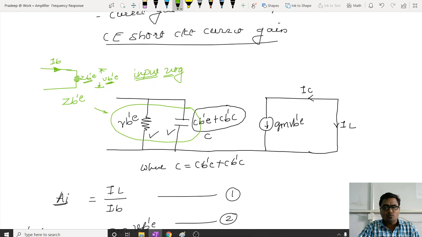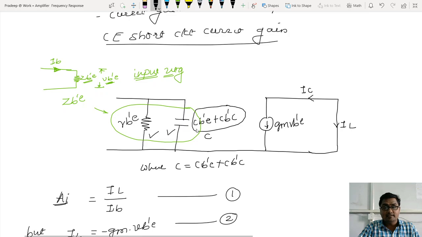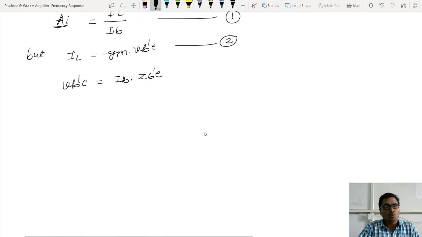Now the only new thing that I am writing in the analysis is ZB'E. Okay, let me elaborate that also. What is that ZB'E? Let me change the pen. Yes, it is changed. ZB'E, let me retrace it. What is that ZB'E? It is a parallel combination of RB'E and the value of capacitor.